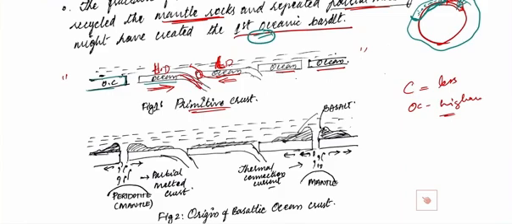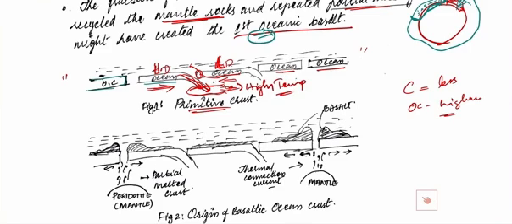This higher density plate will get subducted, and below the mantle portion there is a molten stage. Here the whole plate will be in a liquid state with very high temperatures.